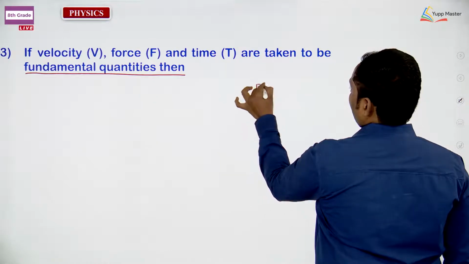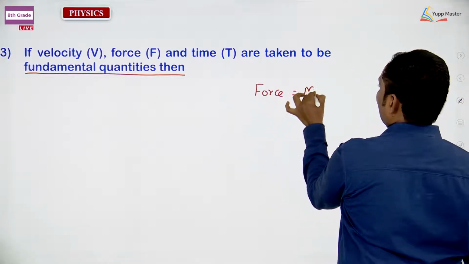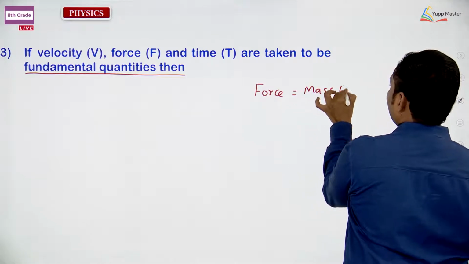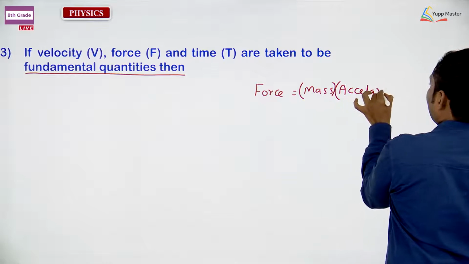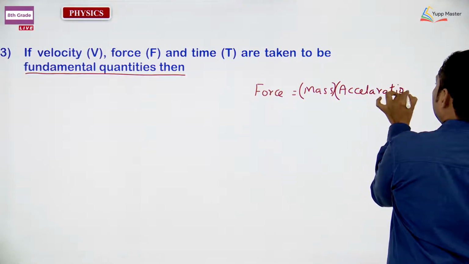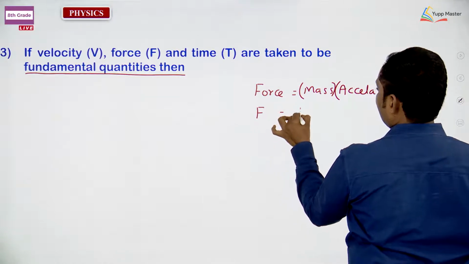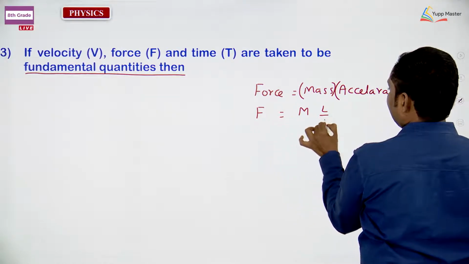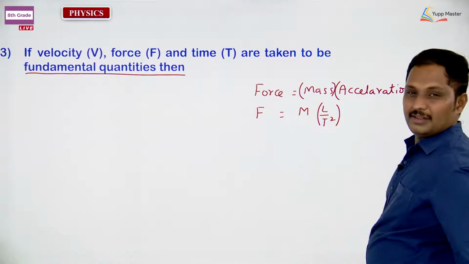Yes, force is equal to mass into acceleration. So F is equal to m L by t square, right? Acceleration is going to be L by t square.